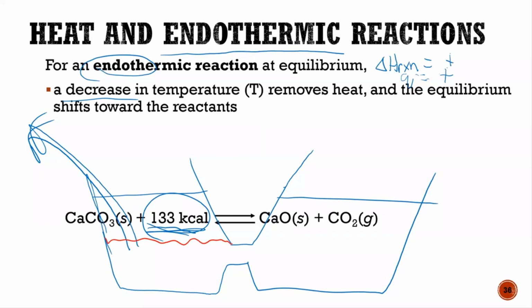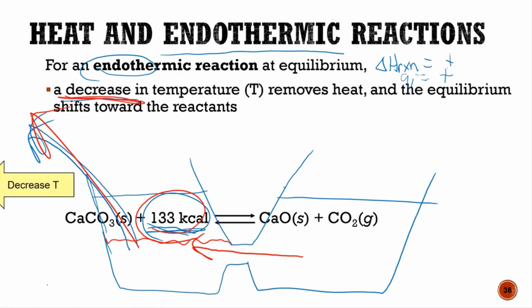The flow from the right side is going to adjust and go to the left side. So I'm going to shift towards the heat, right? If I'm losing heat, temperature, if I'm taking heat out of the system, I'm going to shift towards the reverse reaction where the heat's located. Now let's do the other example.